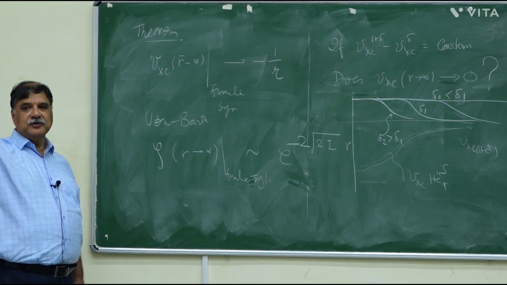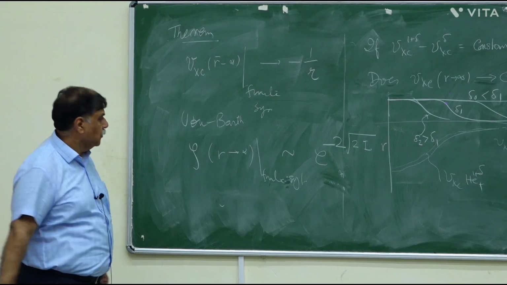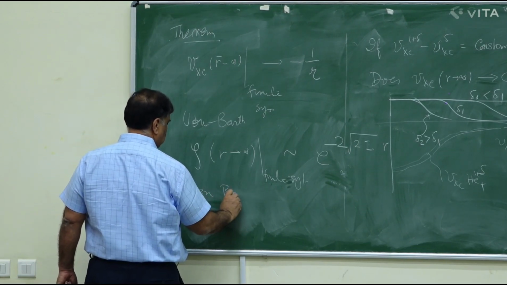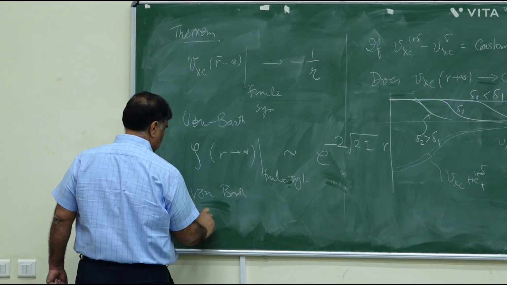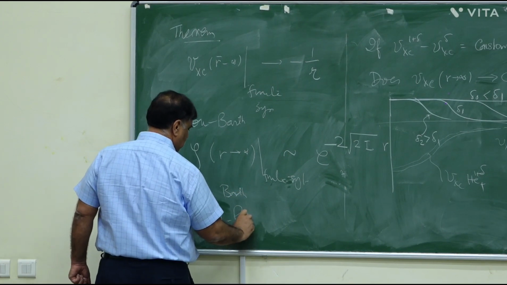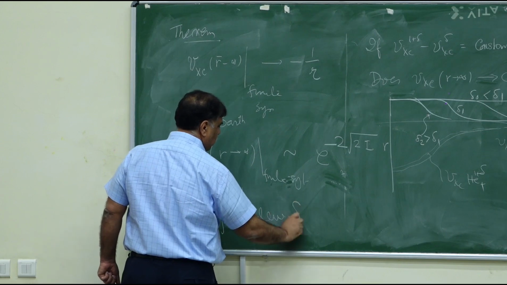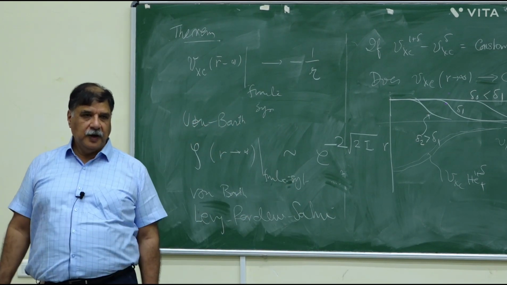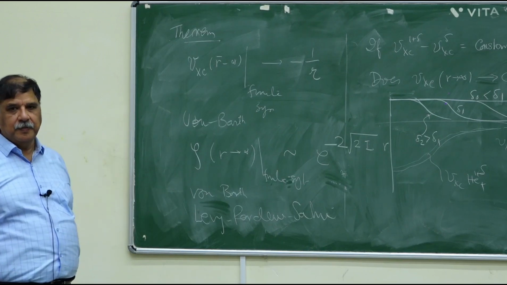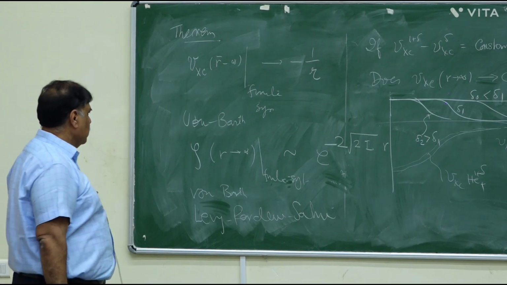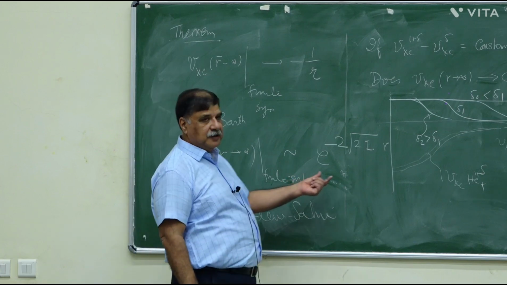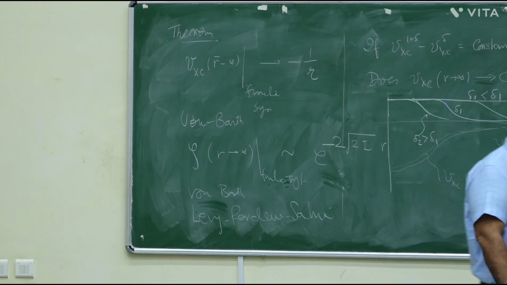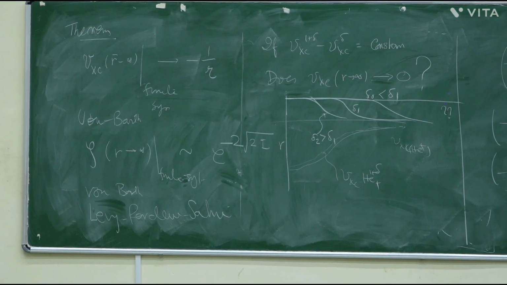So density decay far away from the system depends on the ionization potential. This can be proved rigorously. So far away, density goes like this. I'll come back to helium again and show you how this comes about.